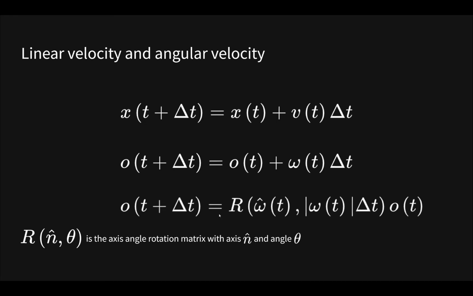So instead, we can use an axis-angle rotation matrix, where we take the angular velocity normalized for the axis, and the angle will then be the magnitude of that angular velocity times delta t again. And then we just transform the orientation by that rotation matrix.